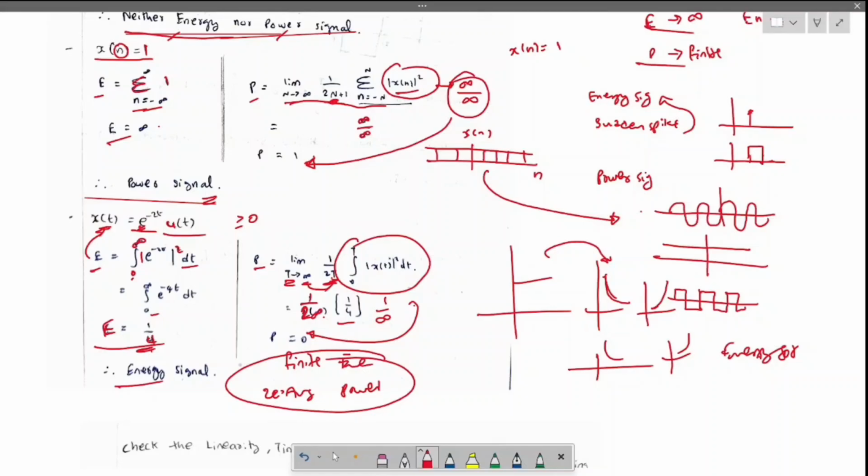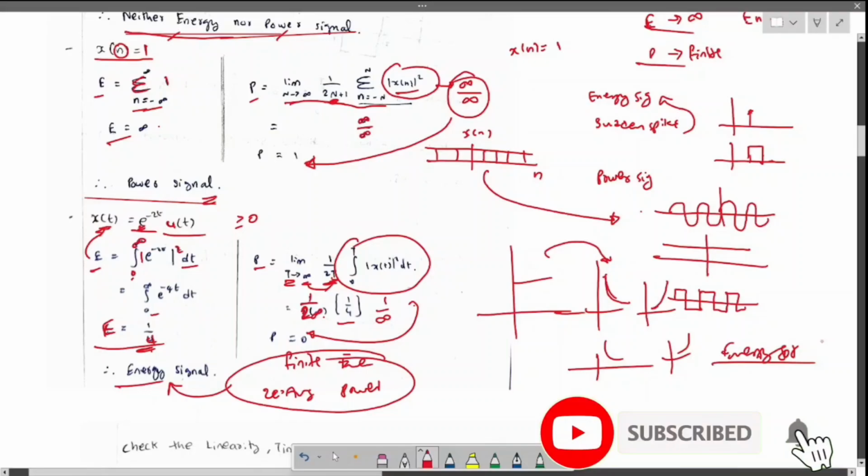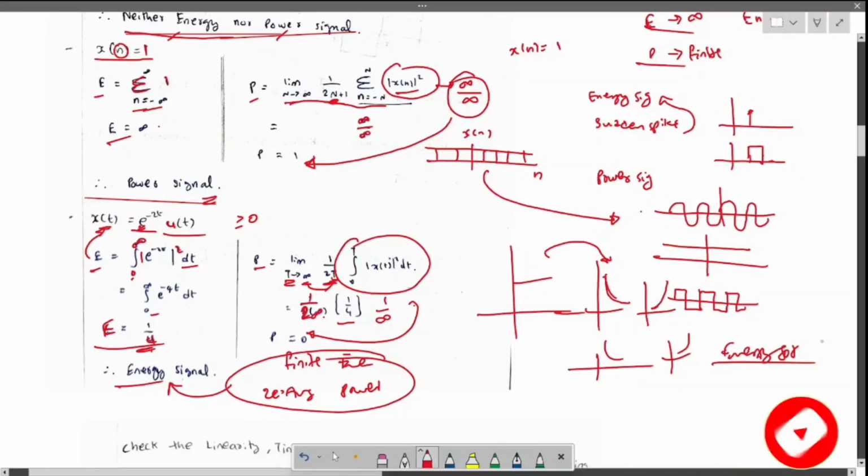So this is the criteria for the energy signal. By the graph alone we can say that it is the energy signal. This is how, by the general trick and with the formulas, we can find the energy and power signal. I hope you got the idea on this.